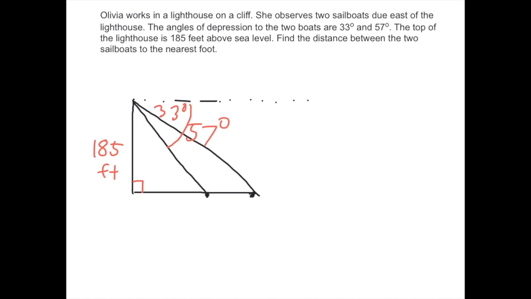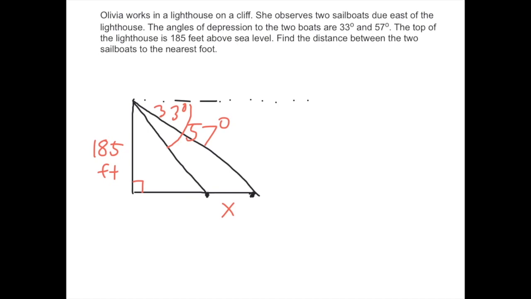So they want you to find this measurement right here, x. In order to find that measurement, you will have to find the measurement of the two right triangles. So you'll have to find this whole measurement here, and subtract it from this measurement here.